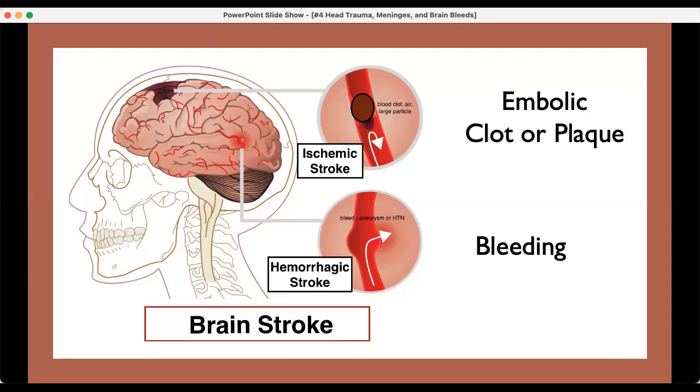It could be a large particle, it could be a piece of plaque from the carotid artery. And then, of course, the other type is a hemorrhagic stroke, where a blood vessel ruptures and there's bleeding into the tissue. So these are two different types of brain stroke.